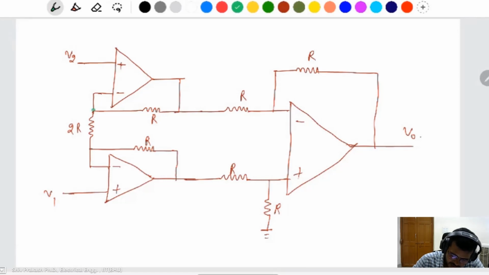This one I will take as V. I have taken this one as V not 2, I will take this one as V not 1. I take this voltage as VA, and what will be this voltage?